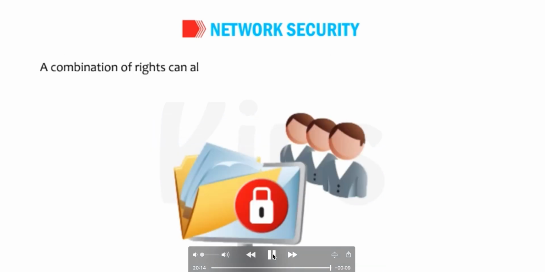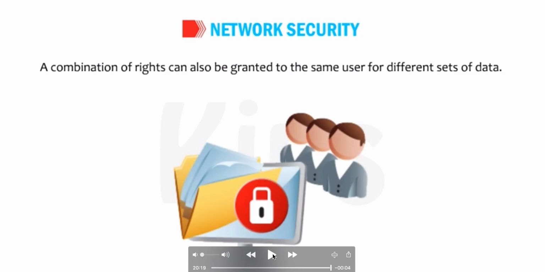This kind of access can also be given to the public. A combination of rights can also be granted to the same user for different sets of data. So this is about network security.